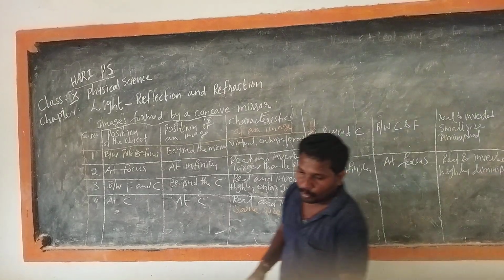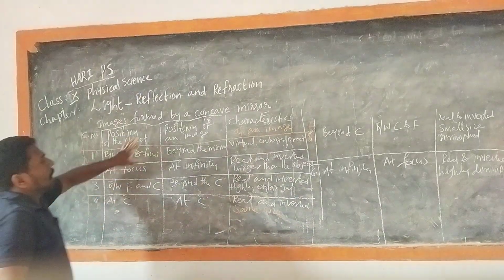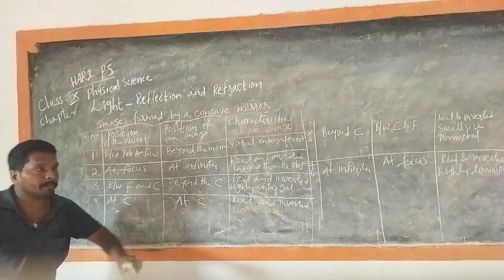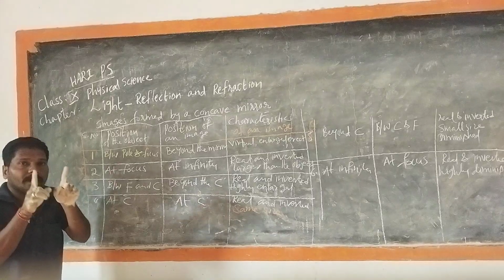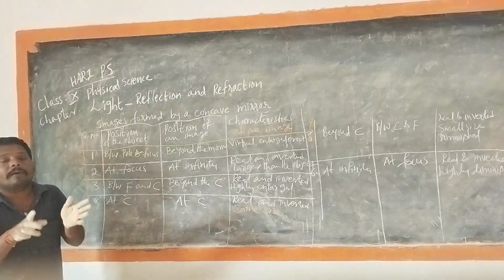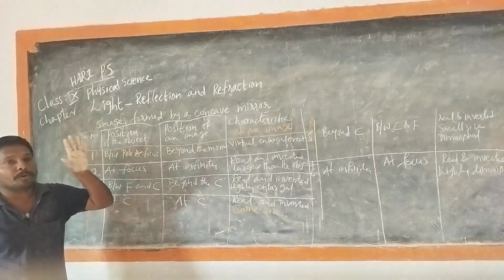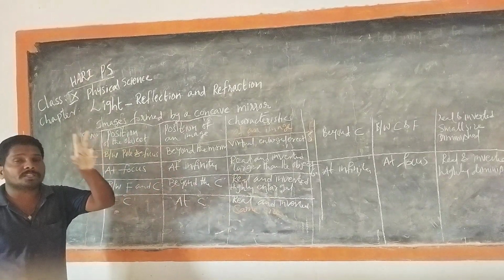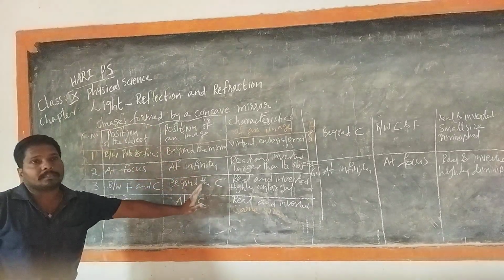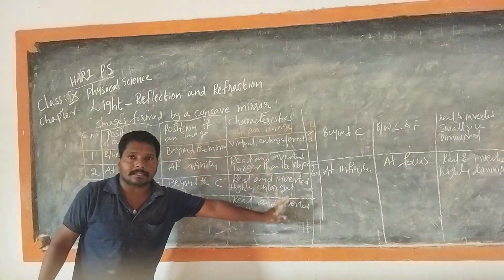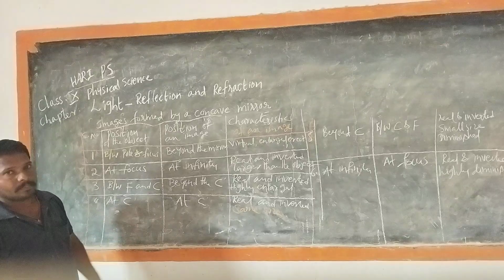So this is about the formation of images by a concave mirror. Keep in mind the rules: where the object is placed, where the image is formed, and what the characteristics are.